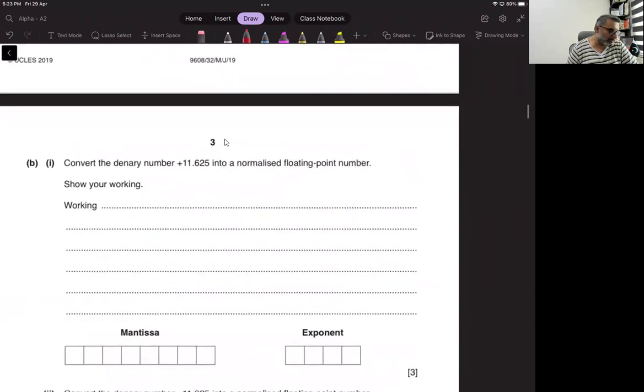Convert the denary number plus 11.625. 0.625 means 0.5 plus 0.125. Okay, this will be 625. All right. So now 11: 1, 2, 4, 8.